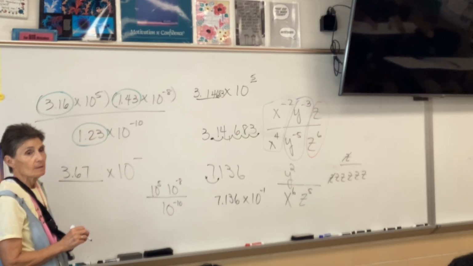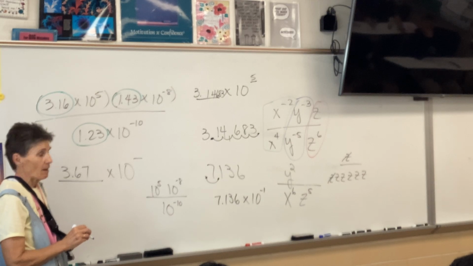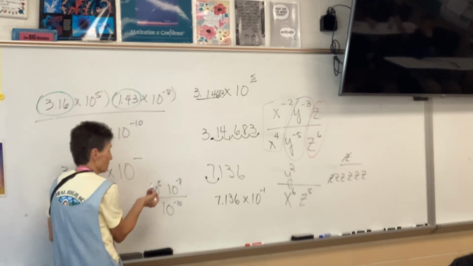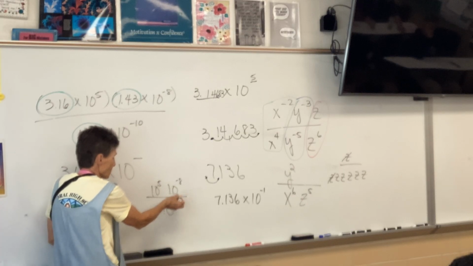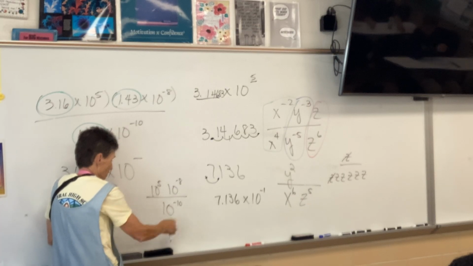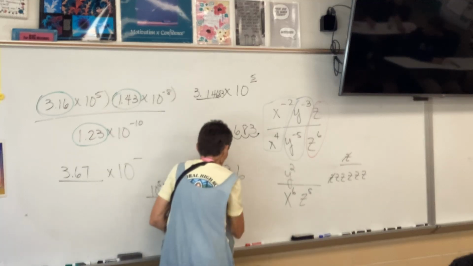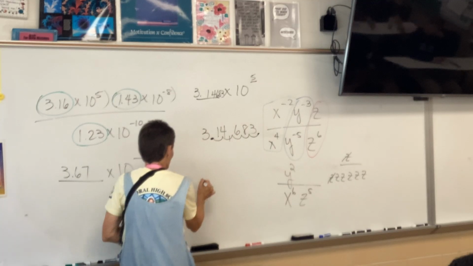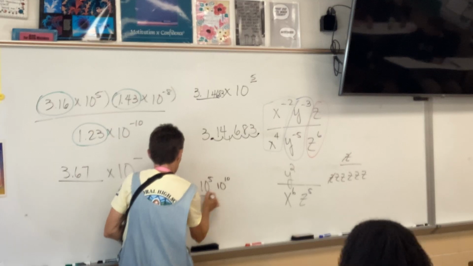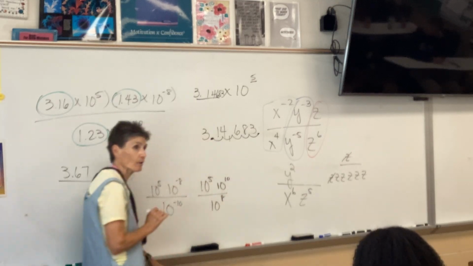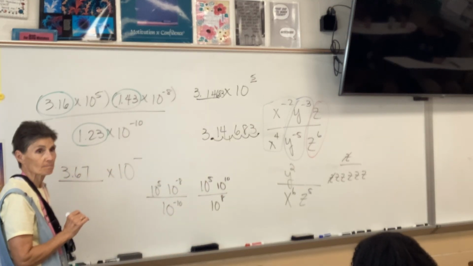All right. Now, let's fix that. What's gonna happen to these guys right here? They're gonna move. So we're gonna have 10 to the fifth, 10 to the 10, and 10 to the 8. Is that all right, everybody? Good?